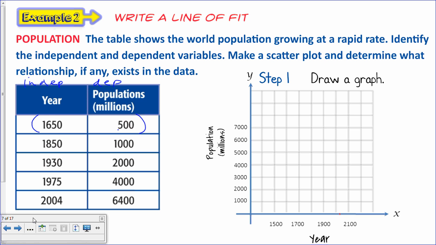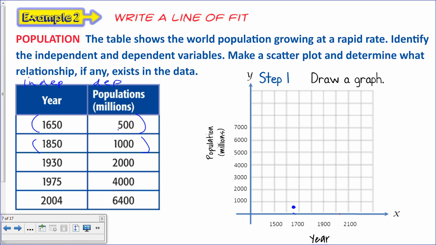Okay, so plot a point. 1650 is going to be, 1600 is right in the middle, and about right there, and then go up halfway, right? Plot a point.